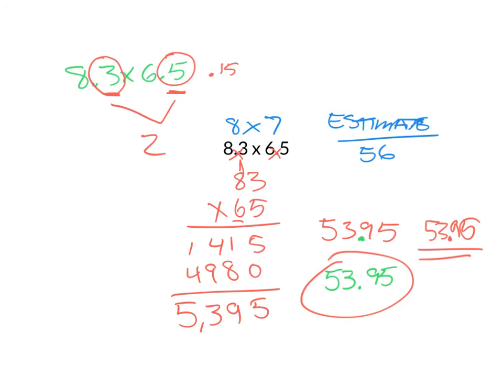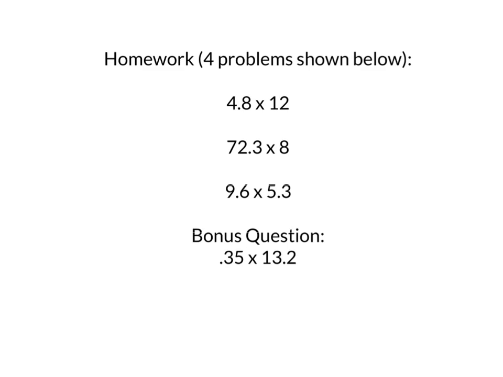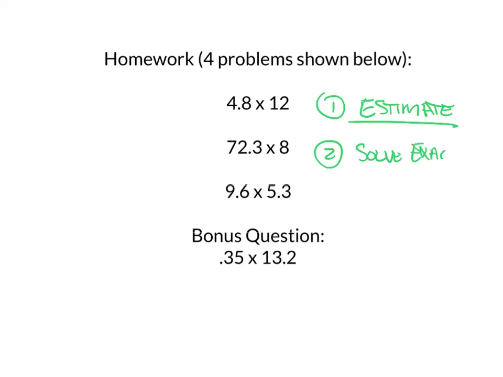So now it's your turn. Here is your homework. There are 4 problems, 3 of them, and then a bonus question. Here's what I want to see in your work. I first want to see what your estimate is. So I should see an estimate. And then you can solve it for the exact number.